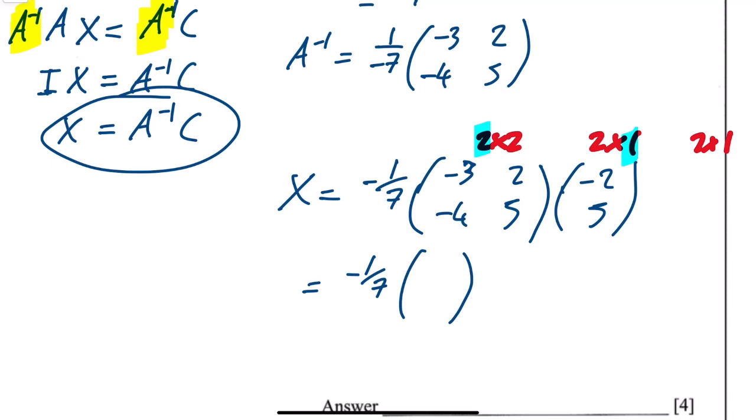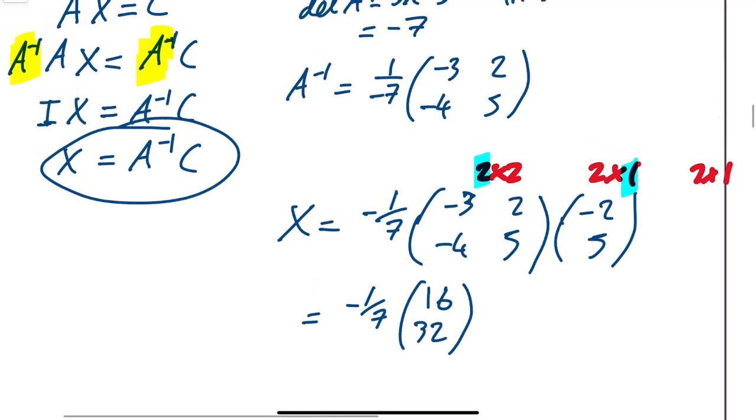So that means I do -3 times -2, which is 6, plus 2 times 5, which is 10. And 10 plus 6 is just going to be 16. Okay, and the next one, I do -4 times -2, which is 8, plus 5 times 5, and that's going to be 8 plus 25, which is going to be 33.